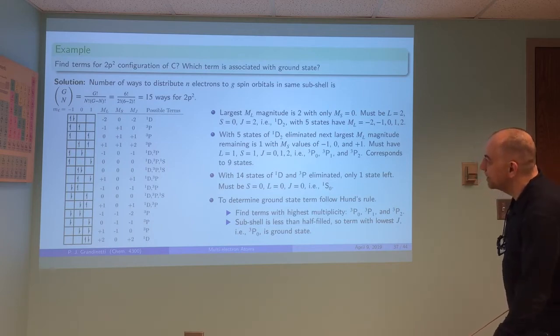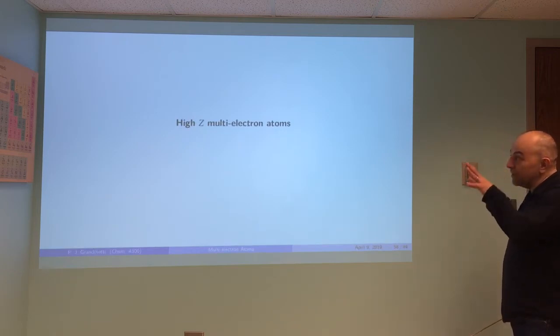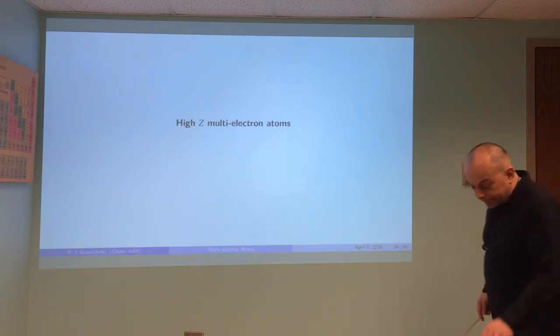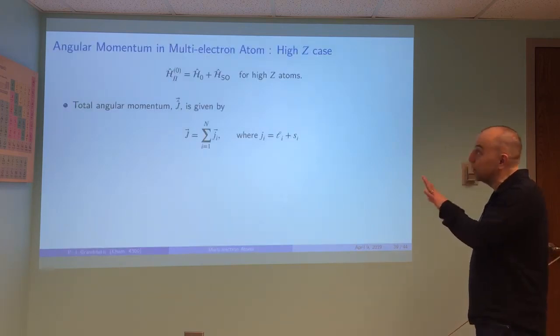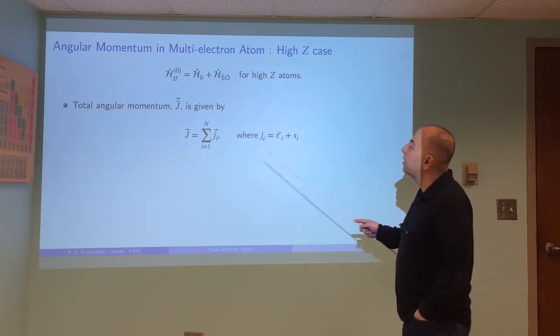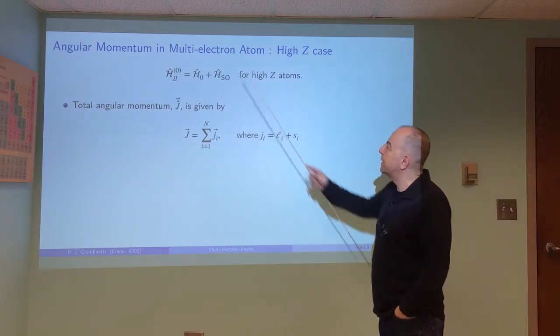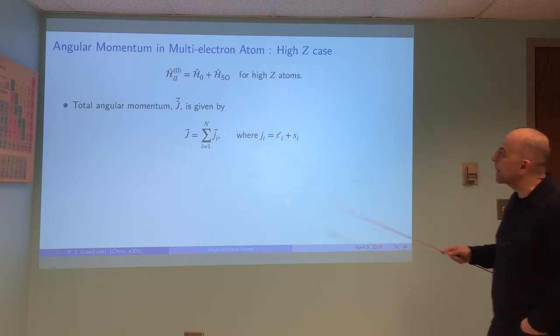There are a lot of problems like this, and these are classic PChem spectroscopy problems. We haven't been talking about high Z atoms with multiple electrons, but let's say a little bit about this. Once we get up to high Z, the spin-orbit coupling becomes much bigger than the electron-electron repulsion term.